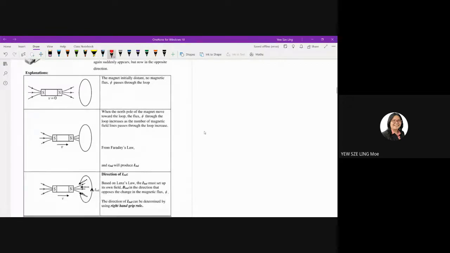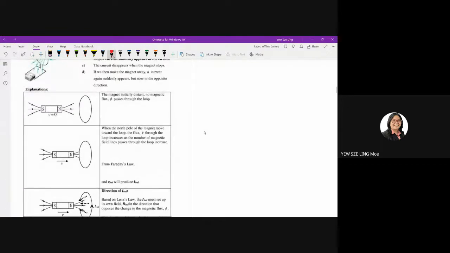So explanation. What happens right here? Initially, you place a magnet far away from the loop. The magnet is initially distant. No field line passes through the coil. No magnetic flux passes through the loop, because no line passes through the surface area here, therefore no flux through the loop.